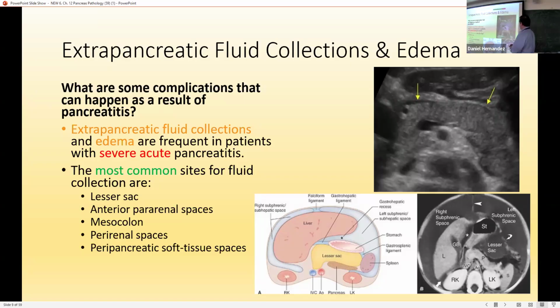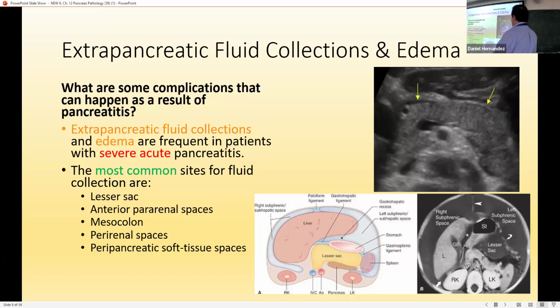There's more anechoic area within it, which is some of that fluid buildup, and we can also see pancreatic fluid or edema surrounding it. So the pancreas is edematous, thickened, swollen, and more heterogeneous. Again, look for the potential dilated pancreatic duct.